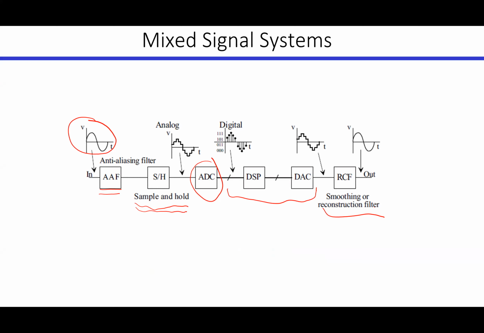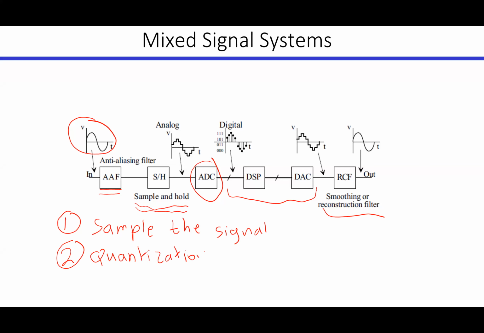So you remember that in order to convert my signal into digital, first I need to sample the signal. And then the second task is to do quantization. And then after doing those two and linking it to a reference voltage, we will have a digital output.